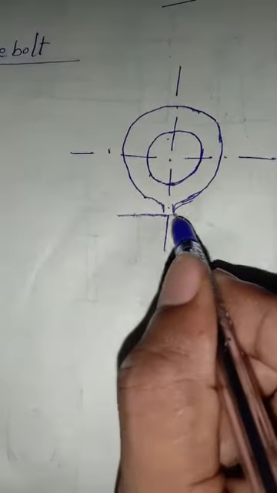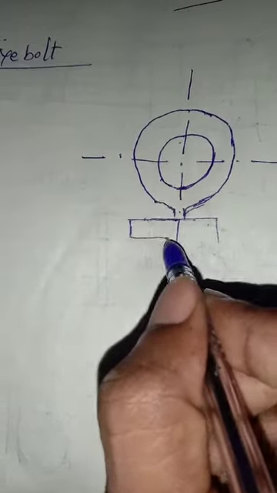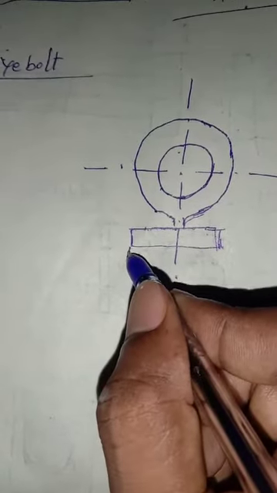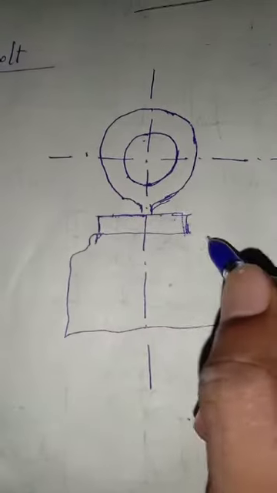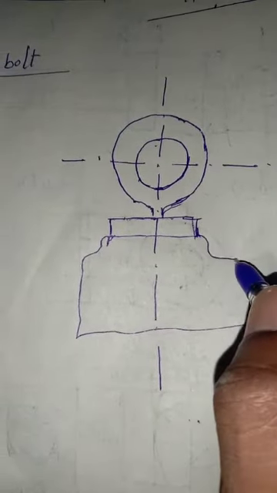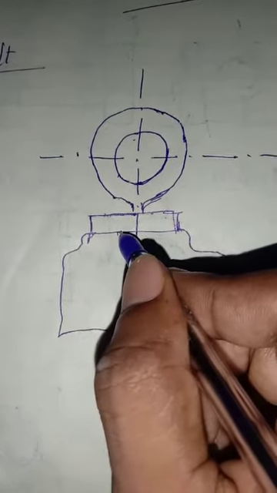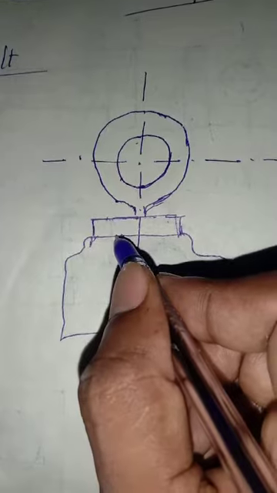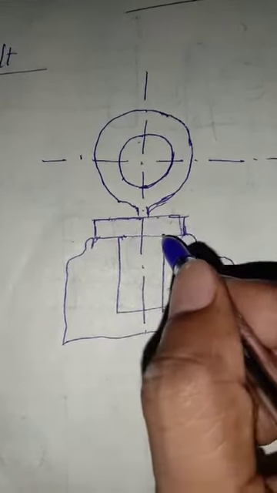So here is one platform is there. Equal distance. Here I am going to draw floor. Okay, and here in this floor we are going to fix bolt. You see like this.